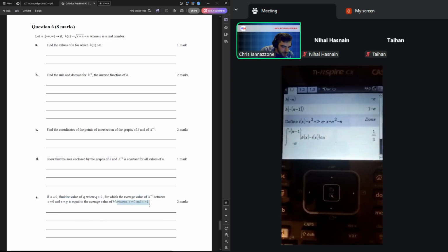Average value of the original is between 0 and 1. We want to figure out what q would have to be such that those average values are the same. So average value was mentioned a couple of times. Can anyone remind me how we find the average value of a function?